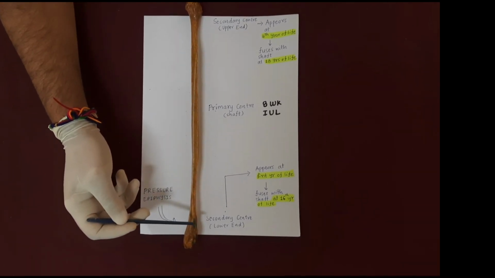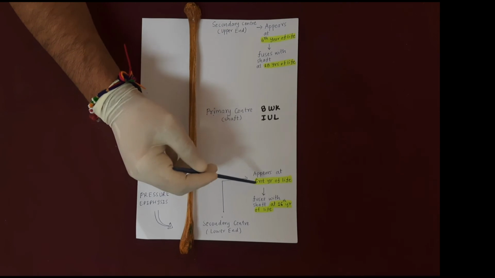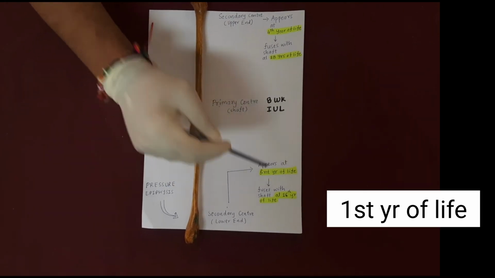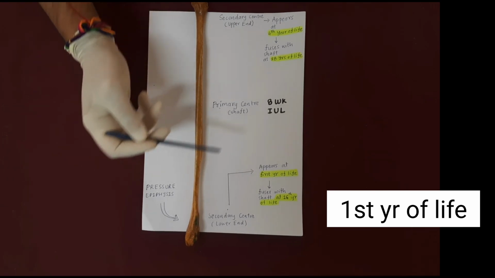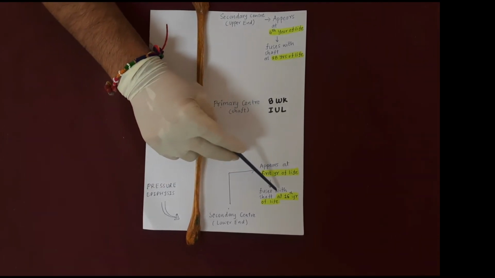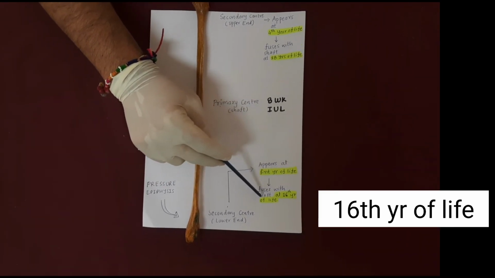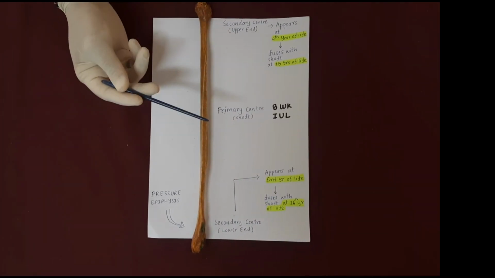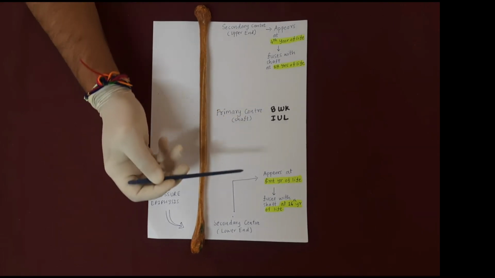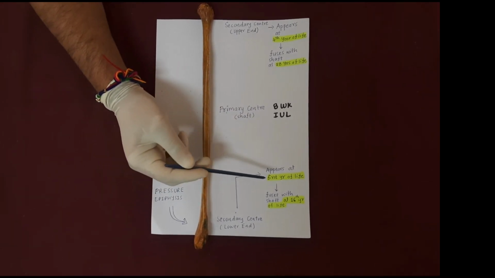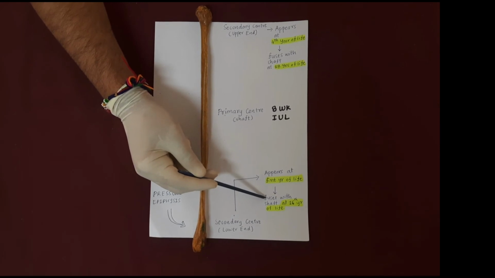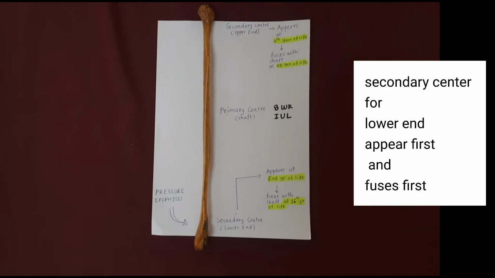The lower end secondary center appears at the first year of life, and it fuses at the 16th year of life. Now, if we compare upper end and lower end, the secondary center for the lower end appears first and fuses first in comparison with the upper end.